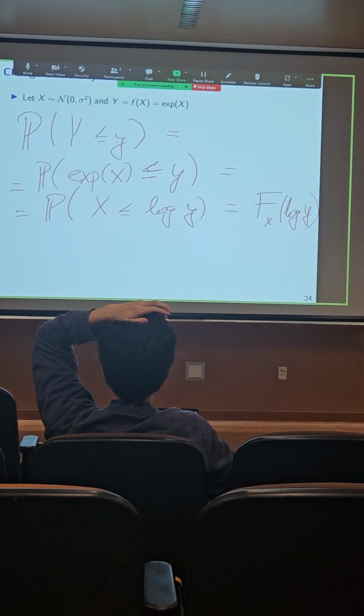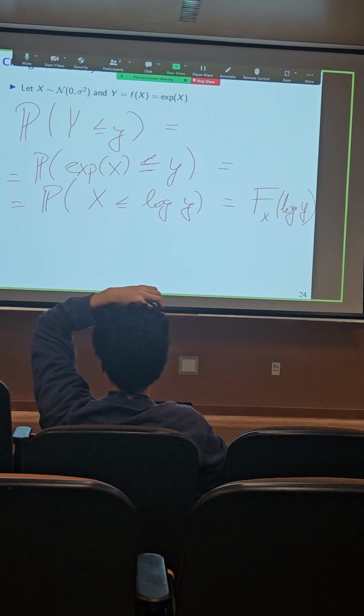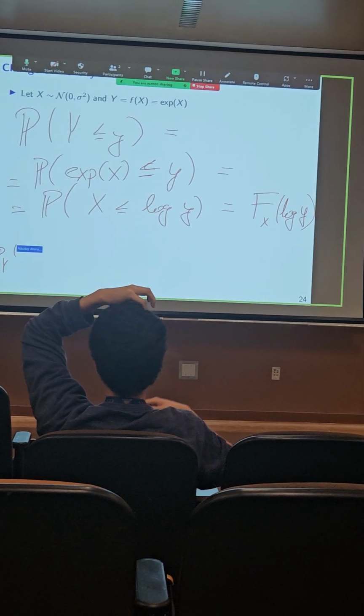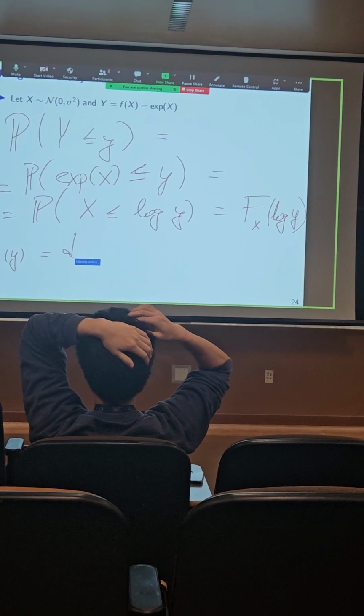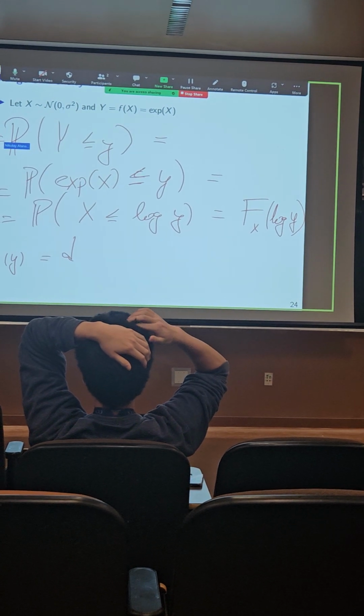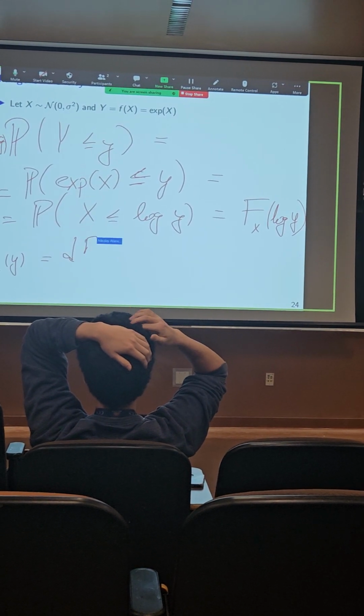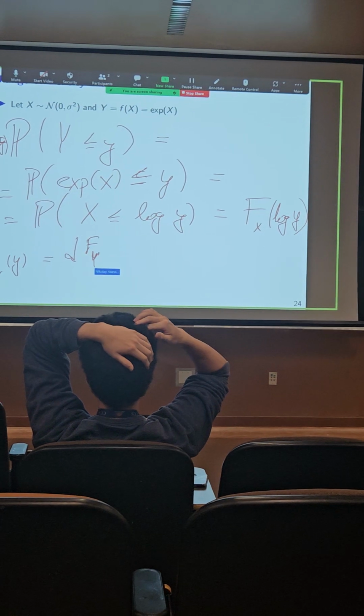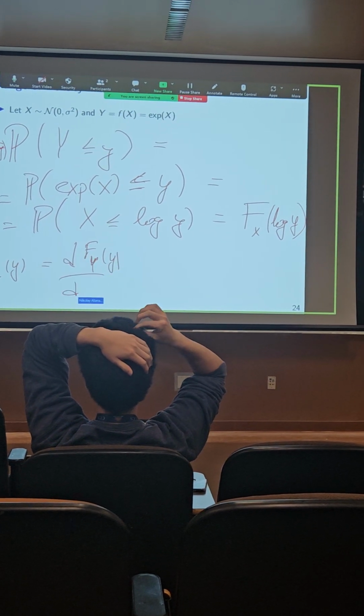Exactly, yes. So this is the CDF of y, so the PDF of y is the derivative. Let's call this fy of y. So this is the derivative of fy of y with respect to y.